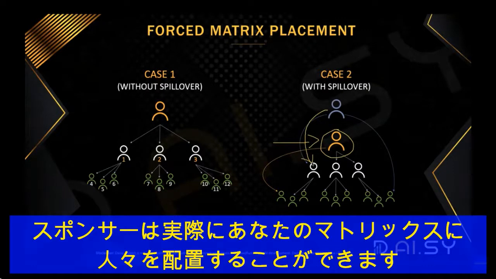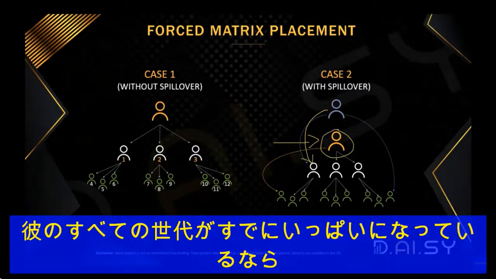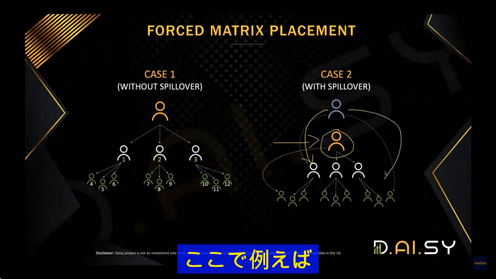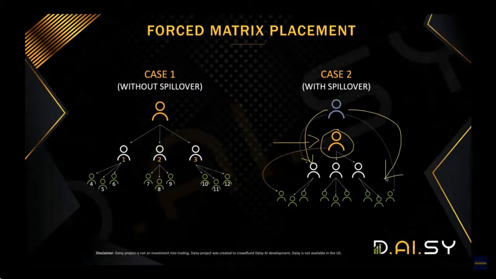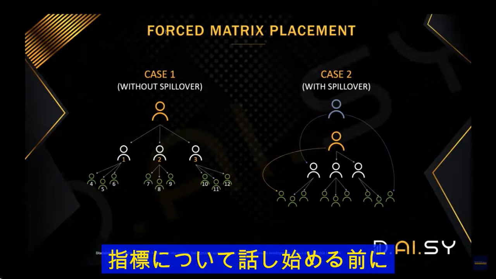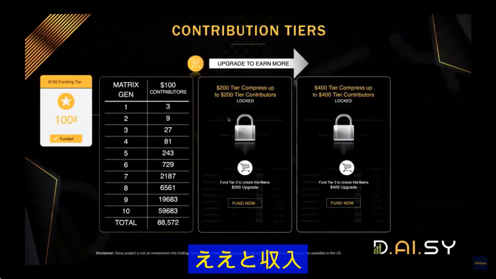So your sponsor can actually place people in your matrix, because if all his generations are already filled up, people will just spill over to you, right? And this is shown here, for example. Okay, so this is important to understand before we start talking about the matrix income.